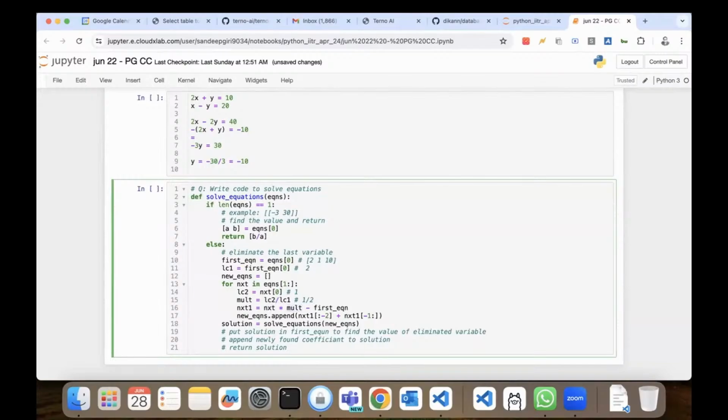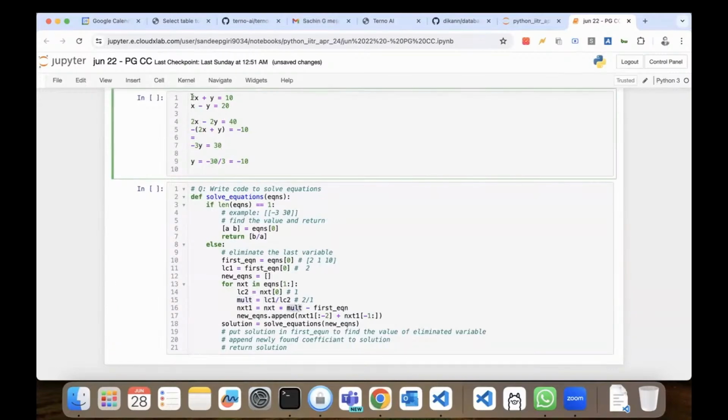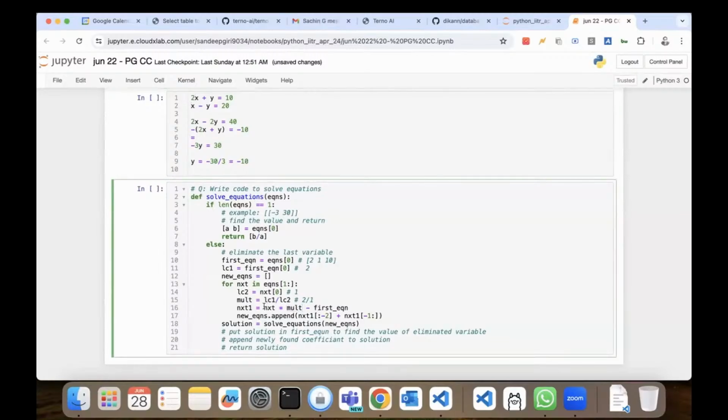We should do it the other way: LC2 divided by LC1, right? LC1 is 2 and LC2 is 1. So we got a multiplier of 2. Then we multiplied the next equation with the multiplier and subtracted the first equation. Is that okay?